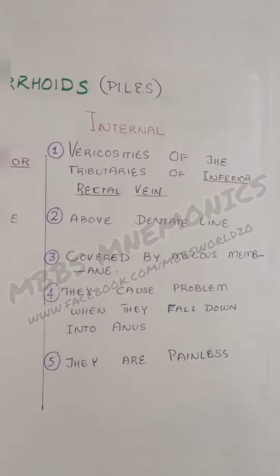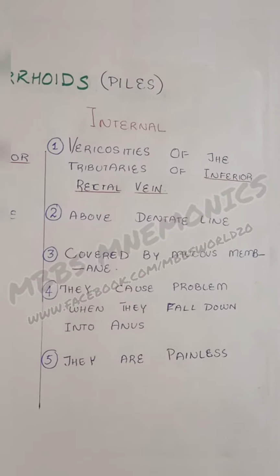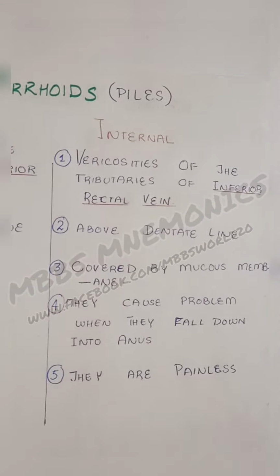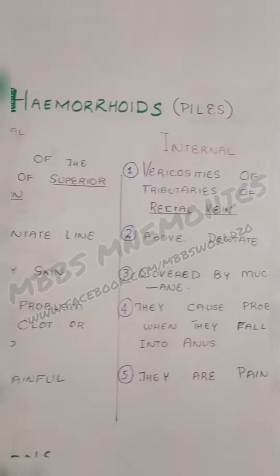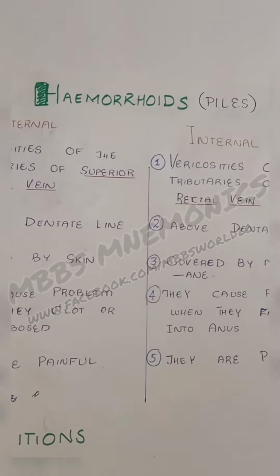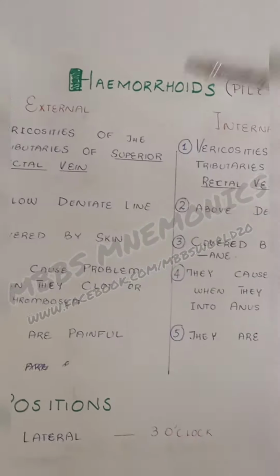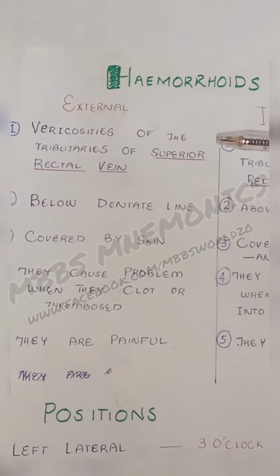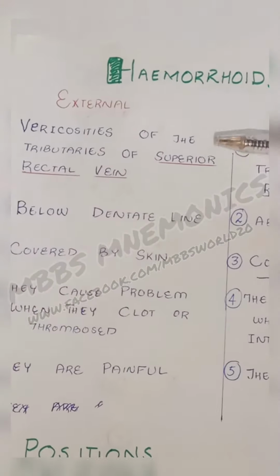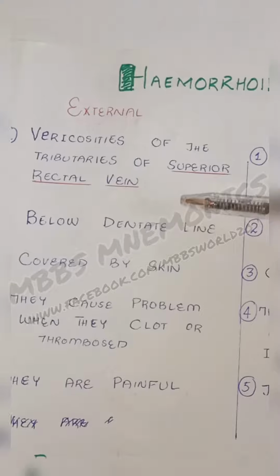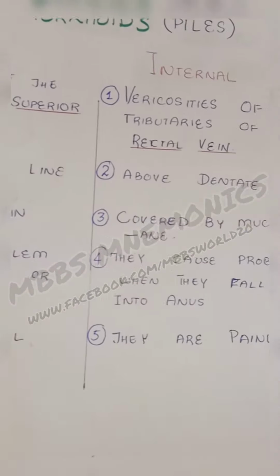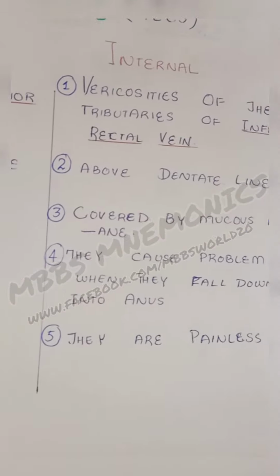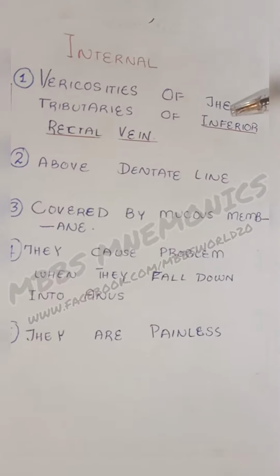So now let us see what are the internal and external hemorrhoids, as there are two types of hemorrhoids. The difference is external hemorrhoids are actually the varicosities or swelling or dilatations of the tributaries of the superior rectal vein, while the internal hemorrhoids are the varicosities of the tributaries of the inferior rectal vein.